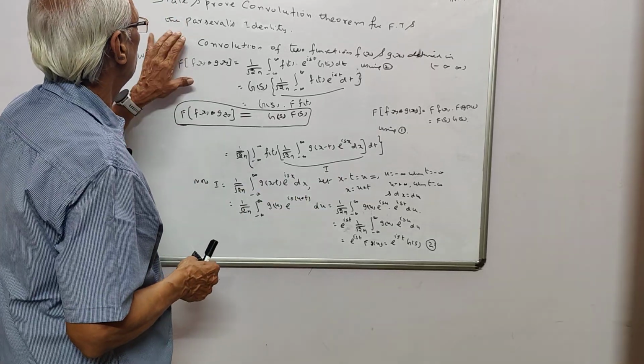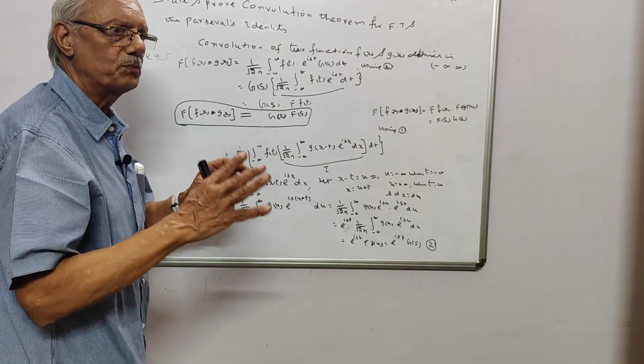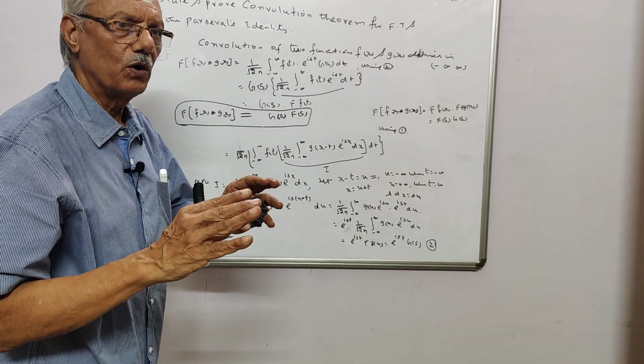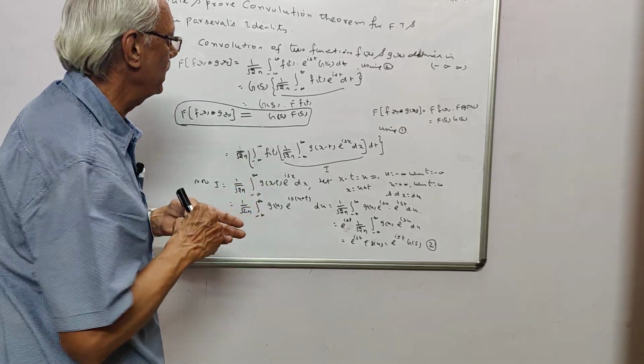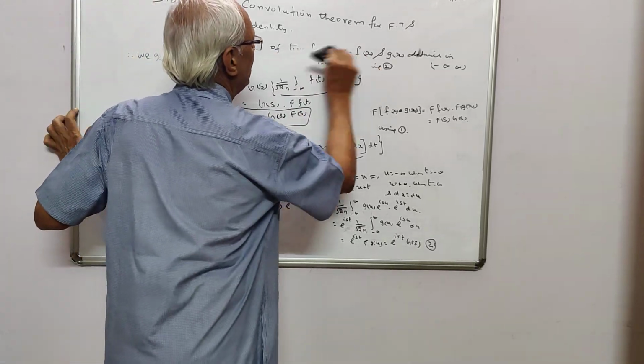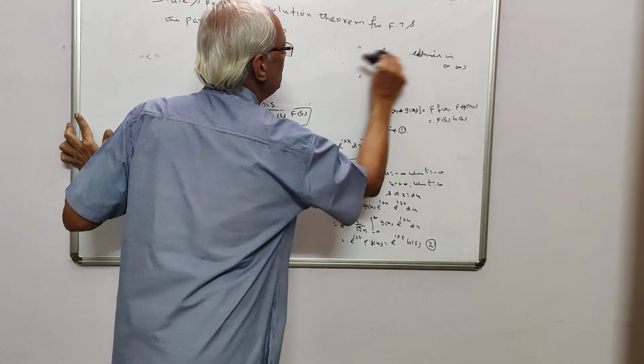Now let me come to what is called Parseval's identity. So this is all about the statement and proof of the convolution theorem. Now let us do the next one. What is this Parseval's identity?